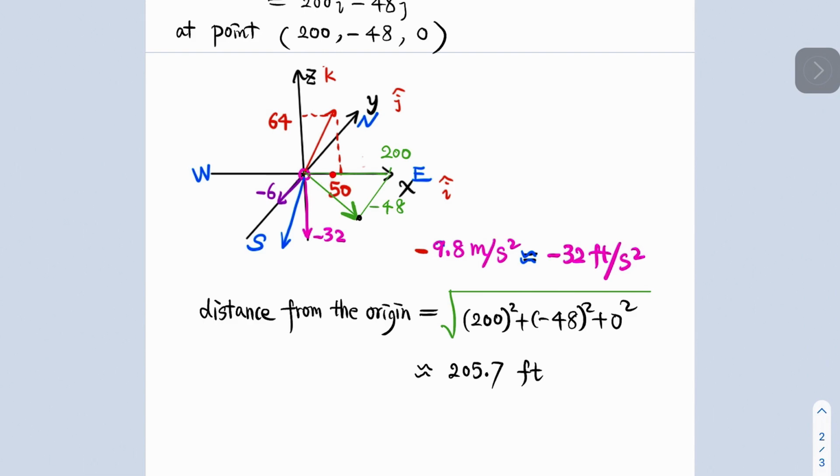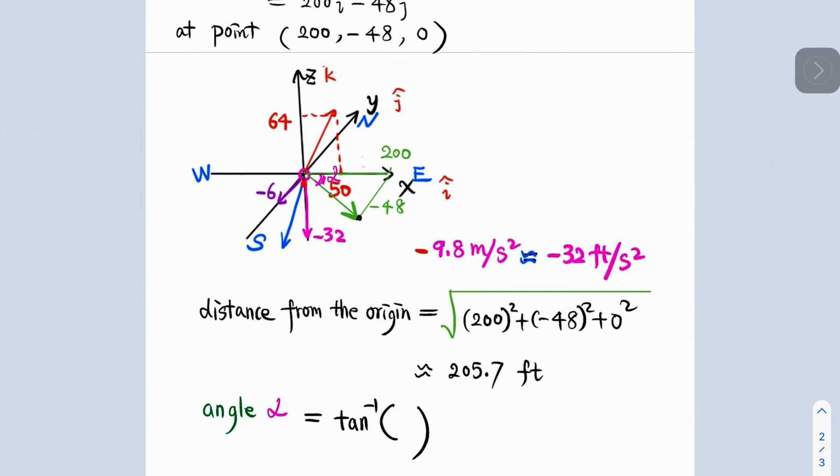We also want to find this angle between where the ball landed and the positive x-axis, which is the east direction. Let's call this angle alpha. So this angle alpha is equal to inverse tangent of opposite over adjacent.